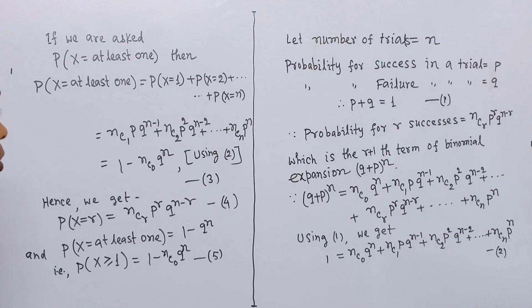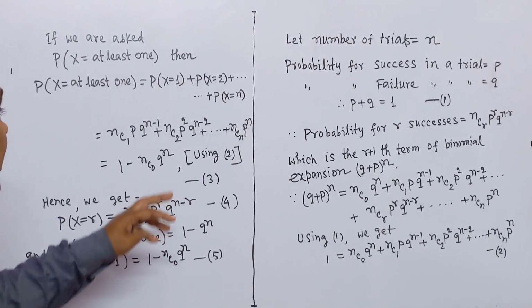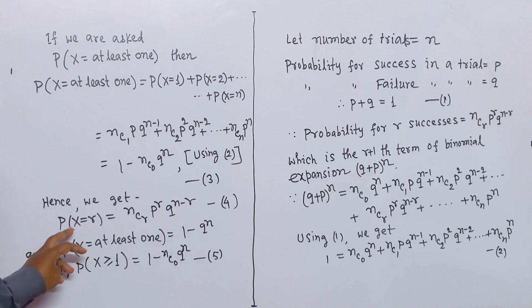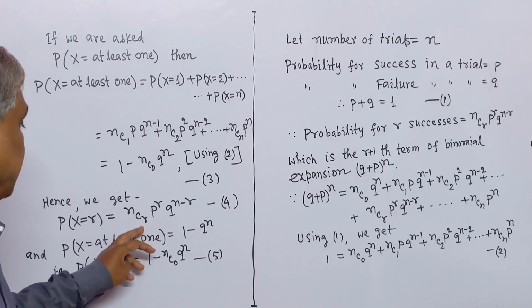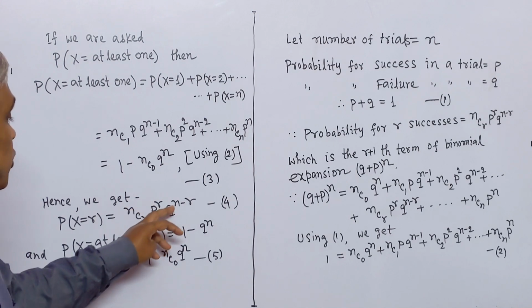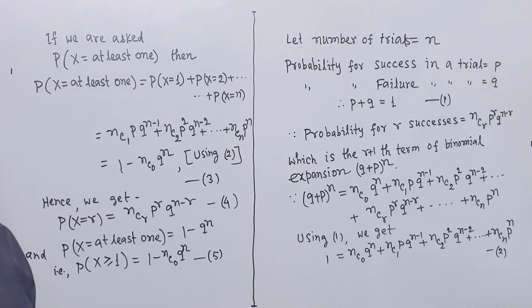Number 1, probability for r successes, that is probability for x equal to r equal to nCr p to the power r q to the power n minus r. This formula will be used to solve the problems of binomial distributions.